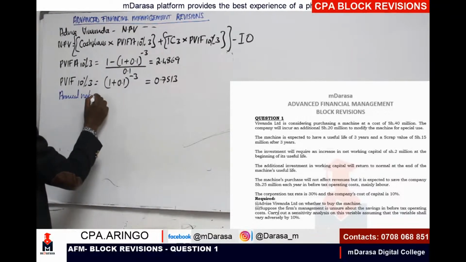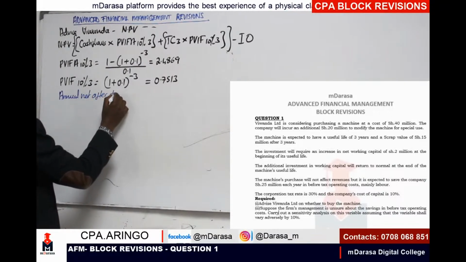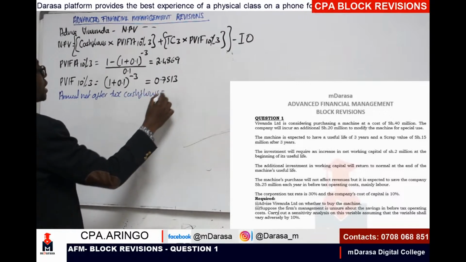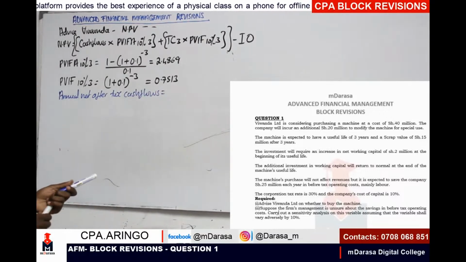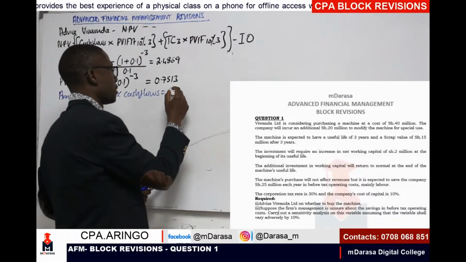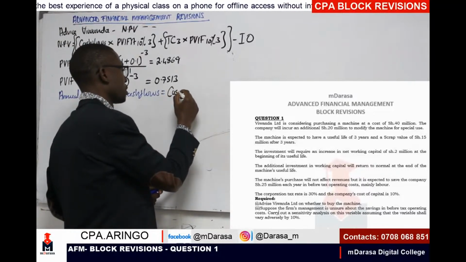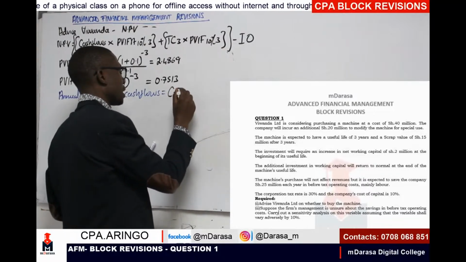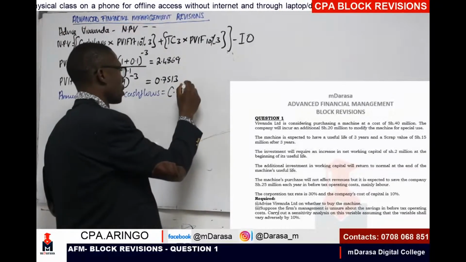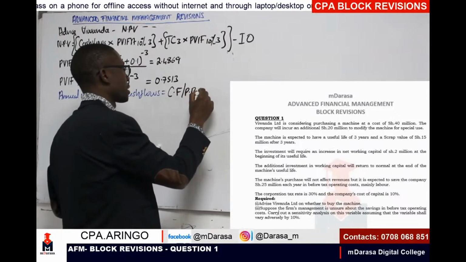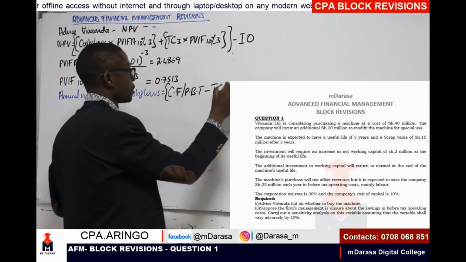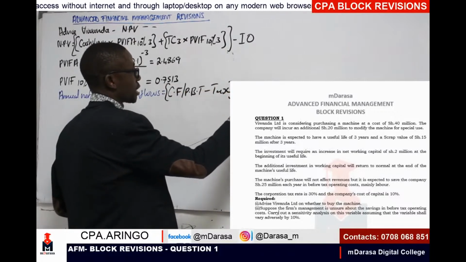The next part is for us to determine our annual net after tax cash flows. Remember, Mwalimu had already guided us on this, where we mentioned I should have my cash flows, or profit before tax, minus tax, plus depreciation tax shield.